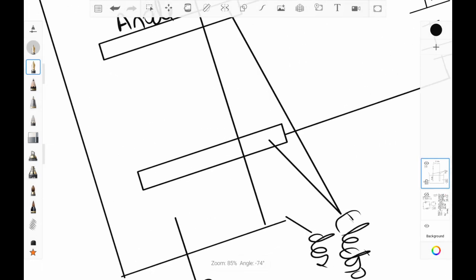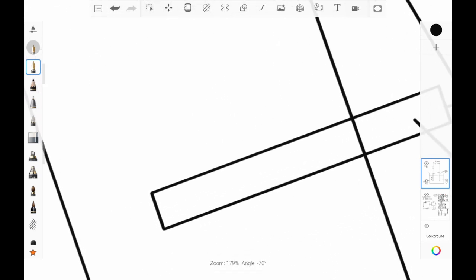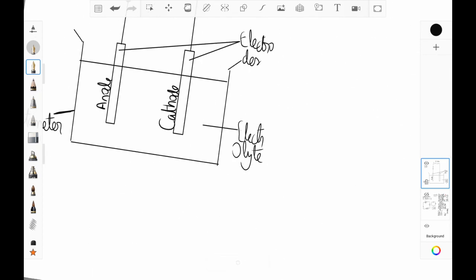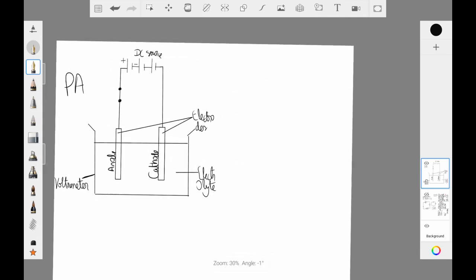And you can also see that the electrode connected to the negative terminal is a cation attracting electrode, and to attract something positive, such as a cation, you yourself need to be negative. Hence, we call it a cathode. So those are the two different names. That's how you distinguish between the two electrodes.